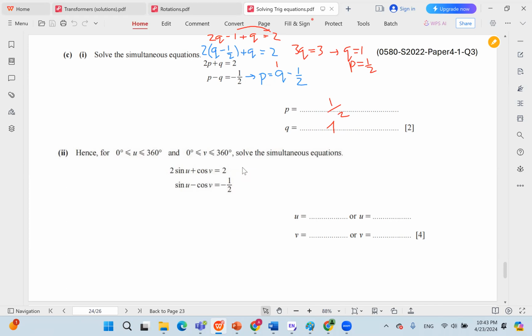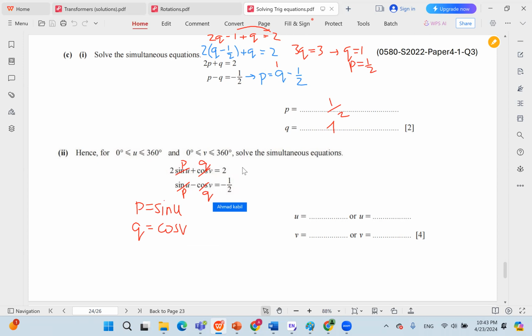So if you look at part double I, you will see that it's exactly the same as part I. If we replace p with sine u and q with cosine v, this becomes exactly the same as the equation above. So you have here p and you have here q.